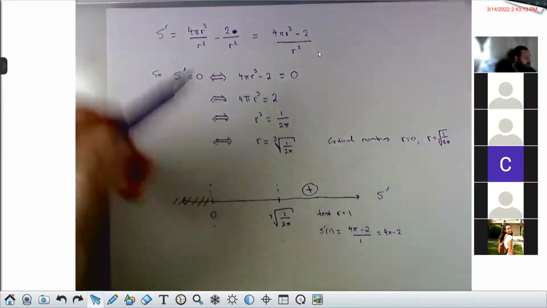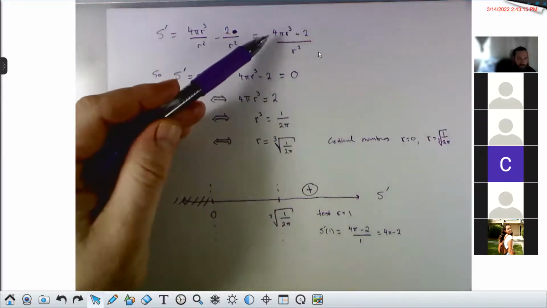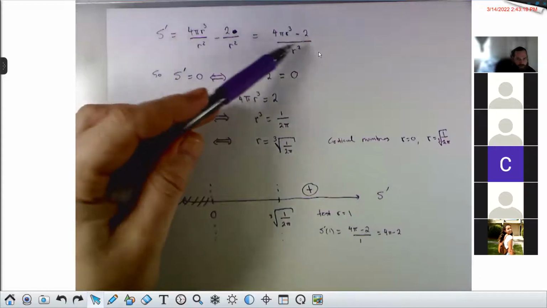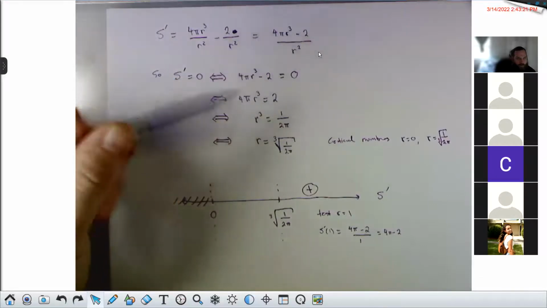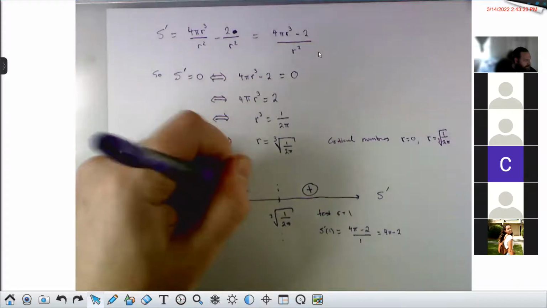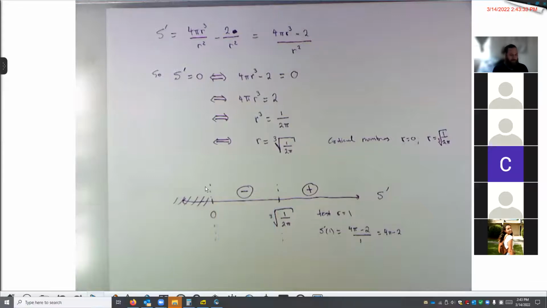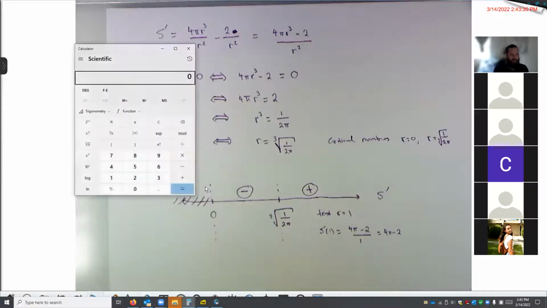The root here is a multiplicity 3 root, right? This is like some constant times r cubed minus some other constant. So you could deduce using multiplicities that we're negative in here. Or you could do some calculator work and find some number in here that is testable. Let's see here. Actually, I'm not going to use this thing.